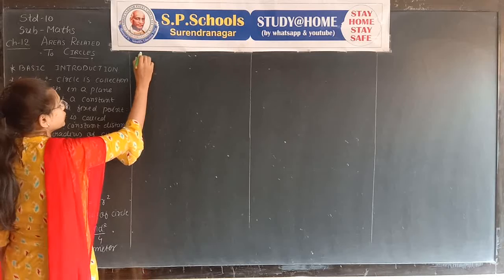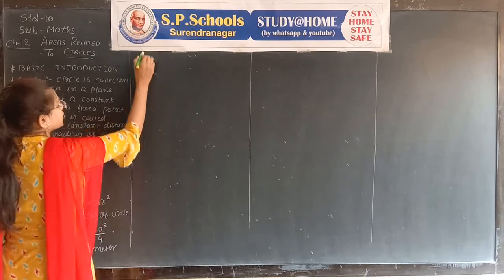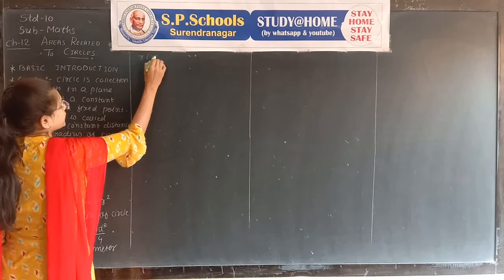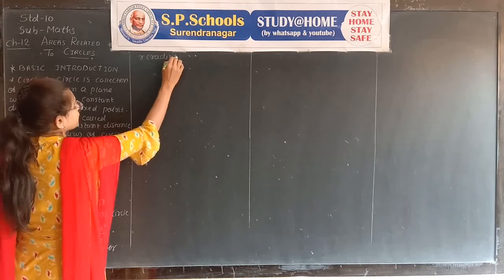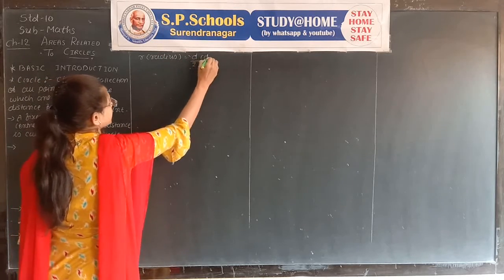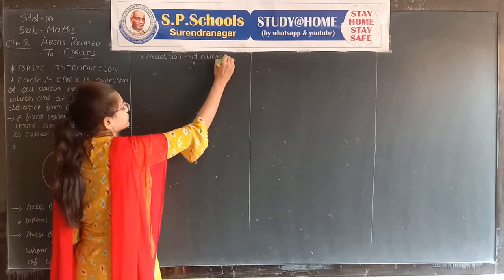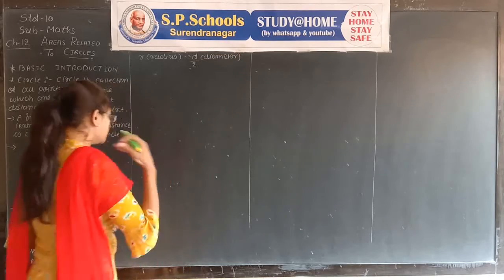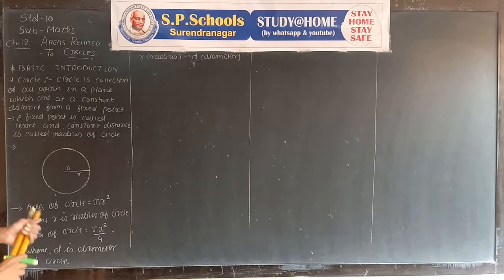As we know, radius r is equal to half of the diameter. By using this concept, we get a formula to find the area of a circle, which is pi d square upon 4.